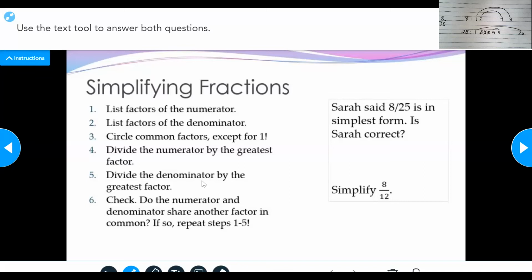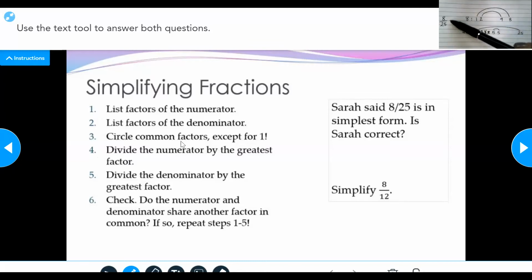Number 3 is circle common factors except for 1. They do have 1 in common, but I don't see any other common factors. Do you? Step 4, divide the numerator by the greatest factor in common.